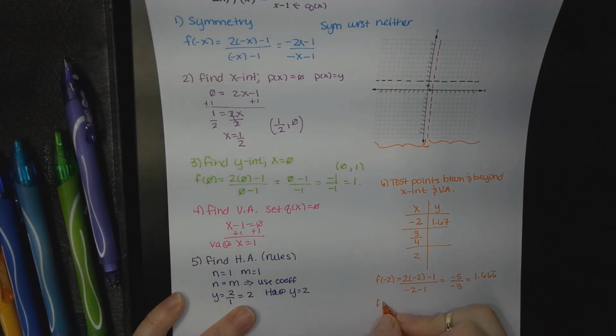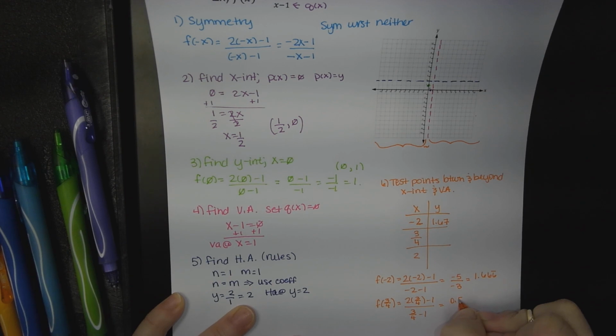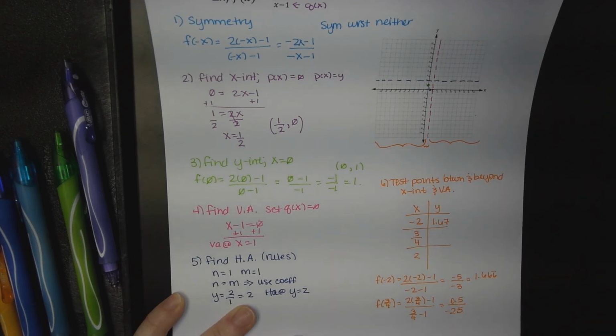Plug in f of 3/4. That equals 2 times 3/4 minus 1 over 3/4 minus 1. So 0.5 over negative 0.25. That's going to give us a negative 2.